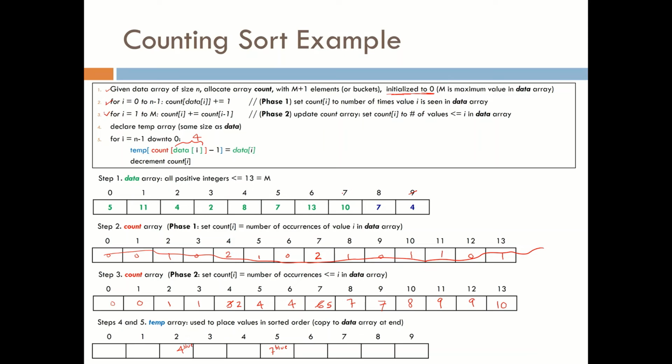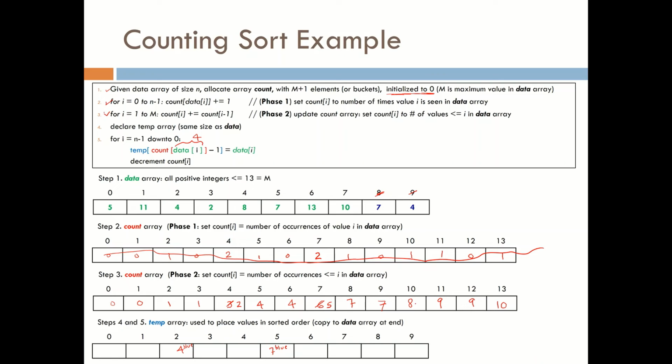Okay, let's go to the next one. So we decrement, and we're now looking at index, sorry, I scratched out the wrong one. We're looking at index 7. The value inside data 7 is 10. I access the count array at location 10, and I see that there's an 8 here.